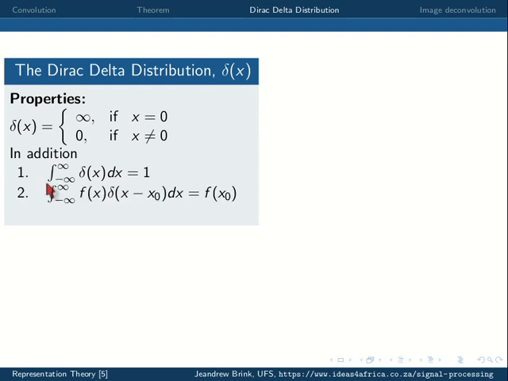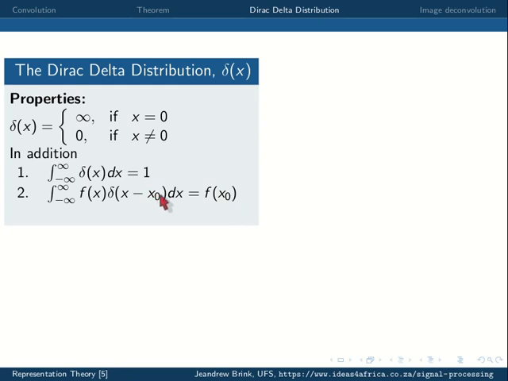The second one is, if you take the convolution of the Dirac delta function with a function f, in other words, if you do this integral, what you are going to get back is the integral of f of x times delta of x minus x0 is equal to f of x0. You're simply going to get the function back evaluated at this point.